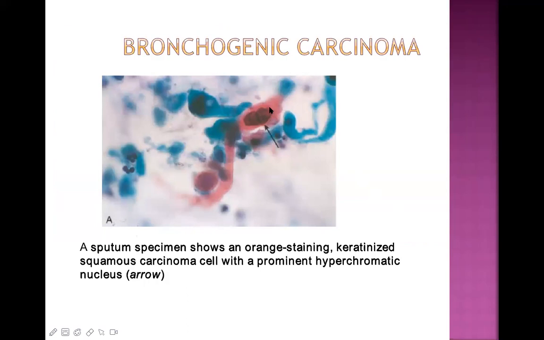So if this type of finding is there, then we can say we are lucky. We can diagnose this type of cancer quite early, because these people usually have cough with sputum production, and when we analyze the sputum by cytological exam, if we get a malignant cell there, then diagnosis can be quite early.